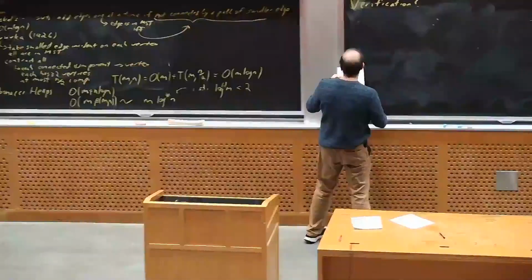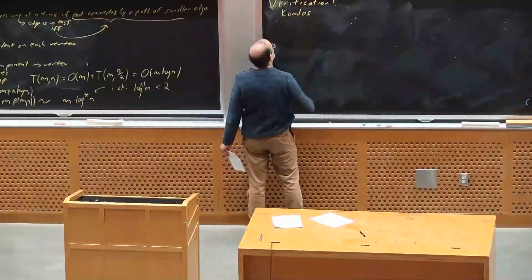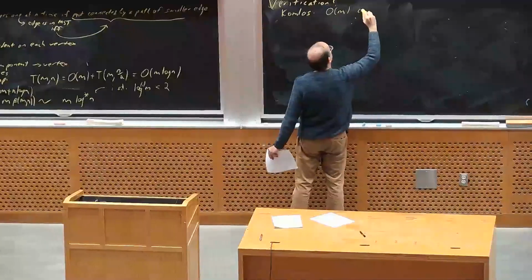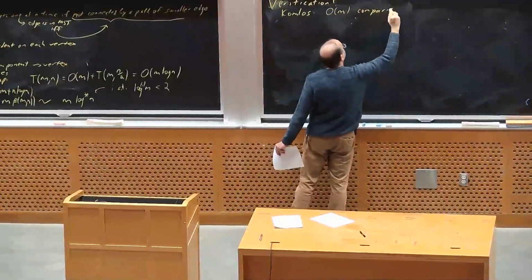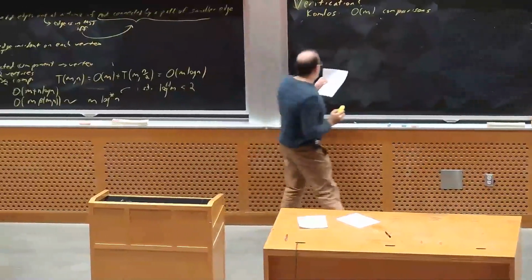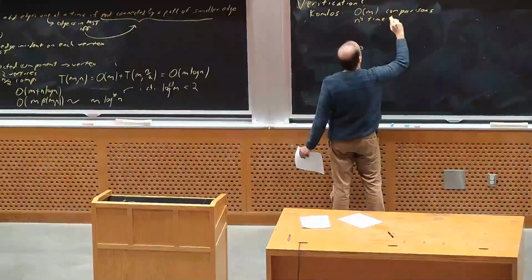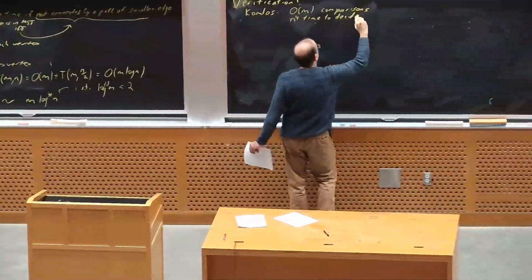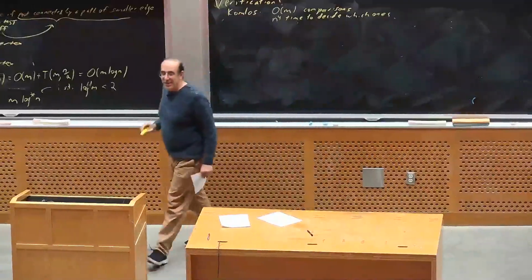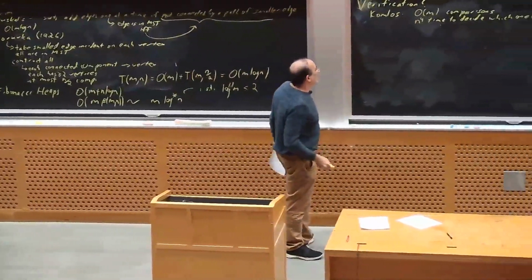The first progress here was by somebody named Komlos, who proved that you can do the verification with order m comparisons. Unfortunately, it takes like n to the fourth time to figure out which ones. So if you're only counting comparisons, you're good, but it doesn't work as an algorithm.